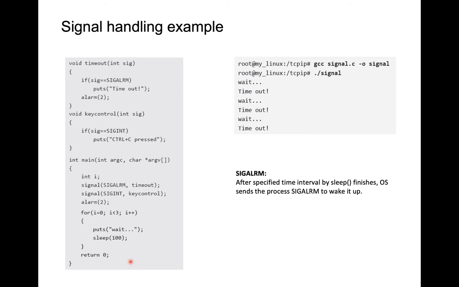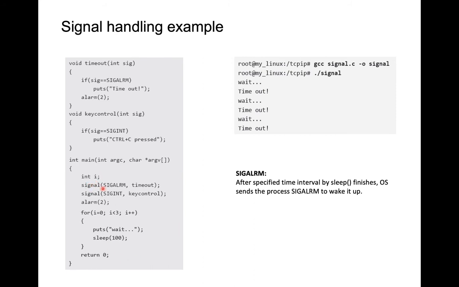Here we can see a very simple example of how a signal looks. We are using SIGALRM, which is the timeout, and SIGINT, which is the key control. Whenever you are calling some function, you have to define it, so here the functions have been defined. Here is the body of our main program.